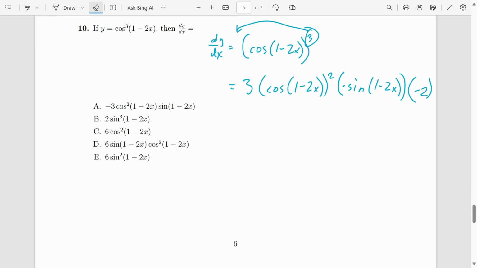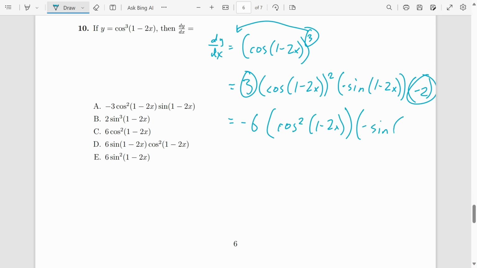So that's our derivative. Now it looks like it wants us to crunch it down into something smaller. So let's see what we can do here. This 3 and this negative 2 can combine to make negative 6 cosine squared of 1 minus 2x times negative sine of 1 minus 2x.